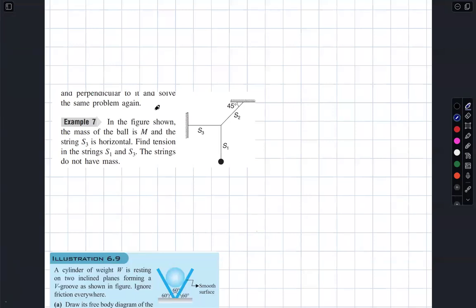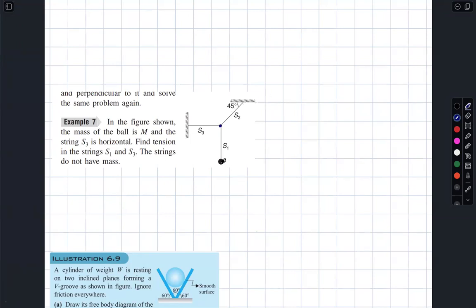Now you see, let us take this as the first system. In the figure shown, the mass of the ball is M and the string S3 is horizontal. Find the tension in the strings S1, S2, S3, and the strings do not have mass. Fine.